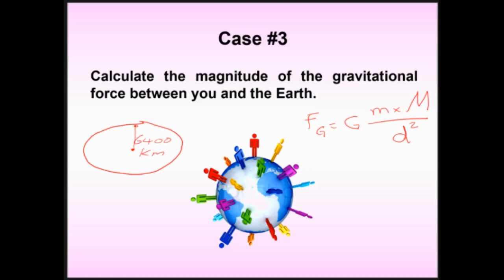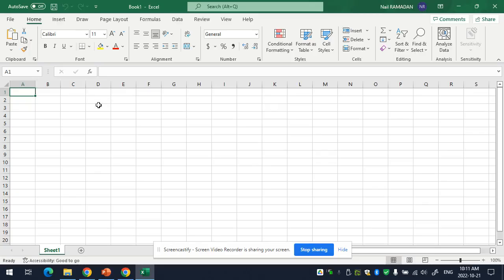Actually, you know what? I believe the lightest person here might be, let's say, 45 kilos. 45 kilos is exactly 99 pounds.